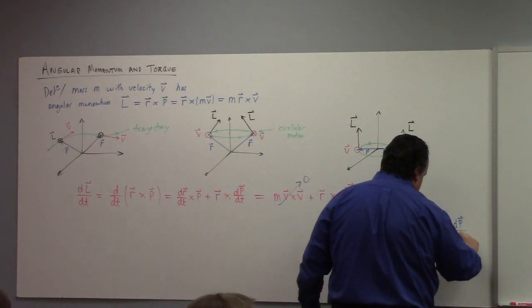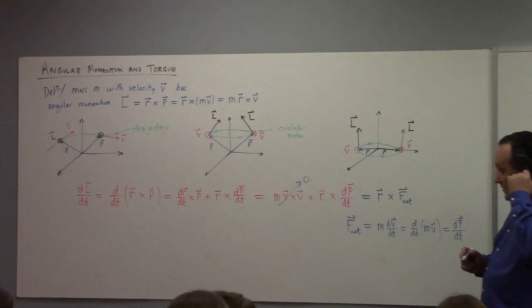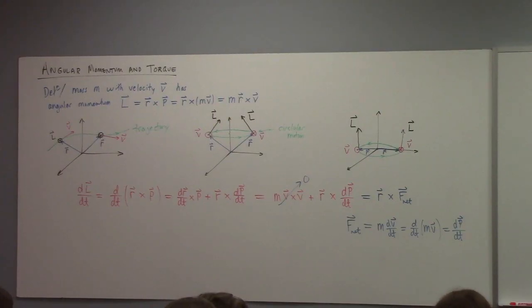So this was the momentum form of Newton's second law, right? The net force is dp/dt. Momentum is a vector. Force is a vector. Now angular momentum is a vector. And the time rate of change of angular momentum is also, you guessed it, a vector.